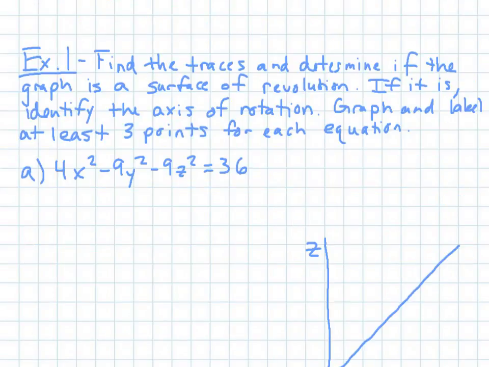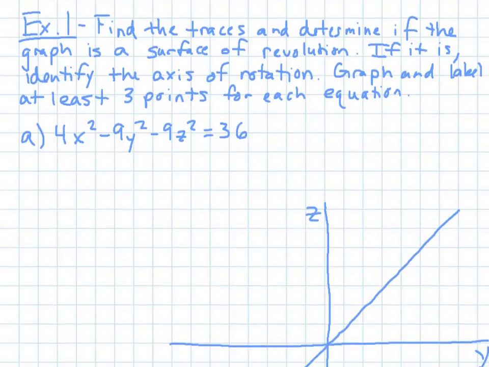Okay, so here, for example 1, I want to be able to find the traces and determine if the graph is a surface of revolution. And if it is, I want to identify the axis of rotation or axis of surface. And then graph and label at least 3 points for each equation. Okay, so here I have an equation. Now I need to put it into a standard form.